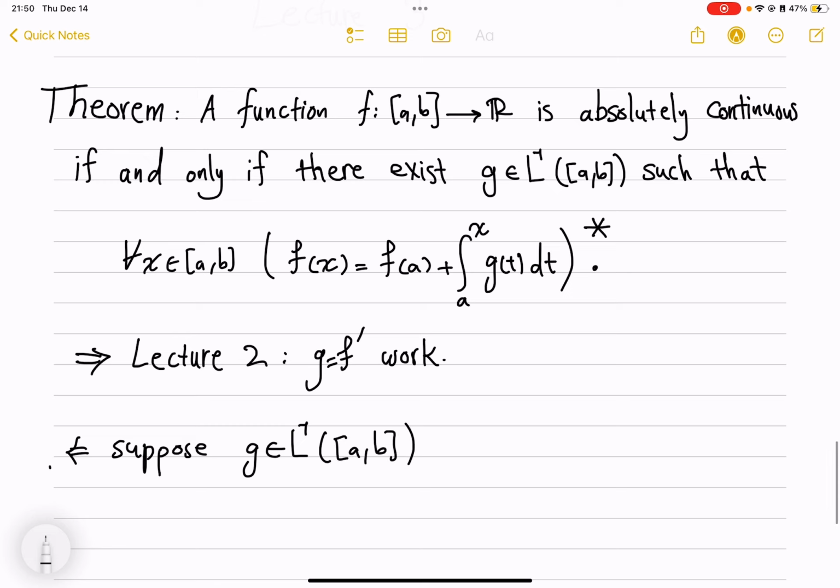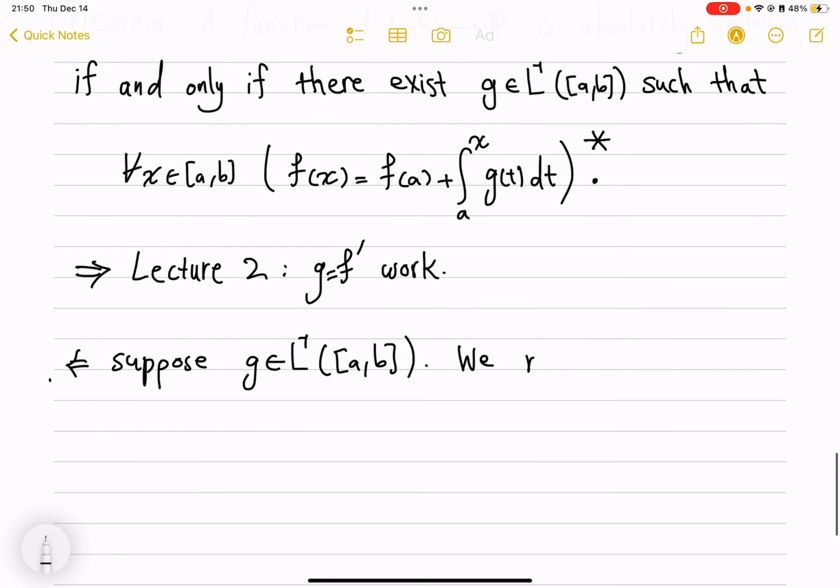all we need to show to prove this converse is that this function defined by this f of x, so we are assuming that g is L1 and that star holds, so these are part of the assumptions.